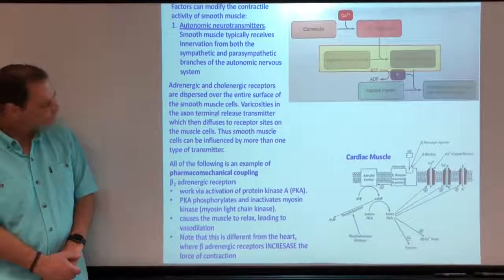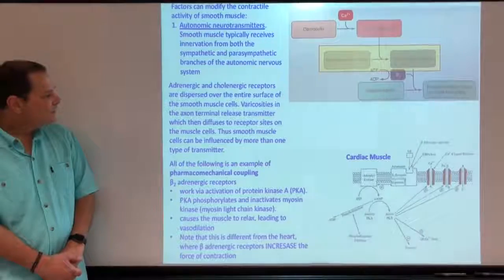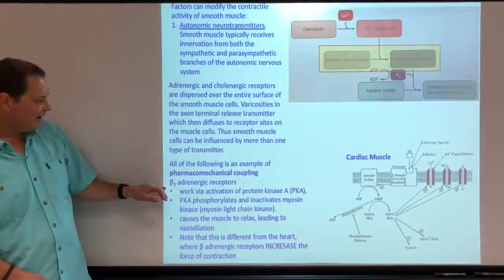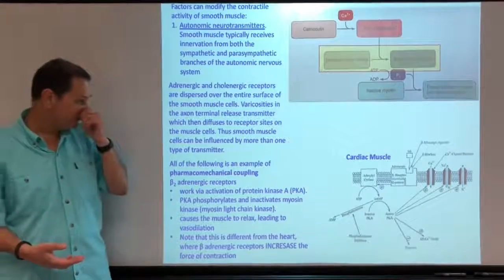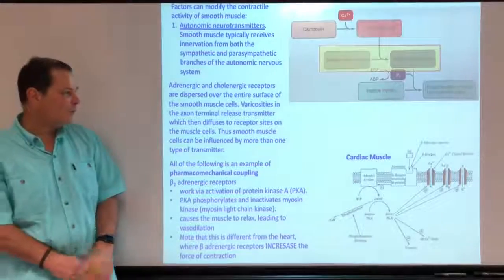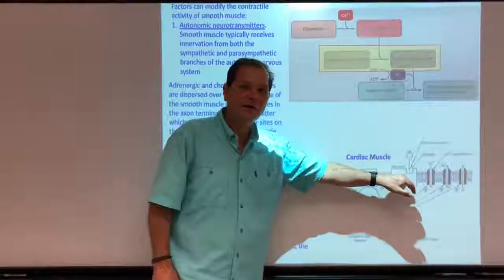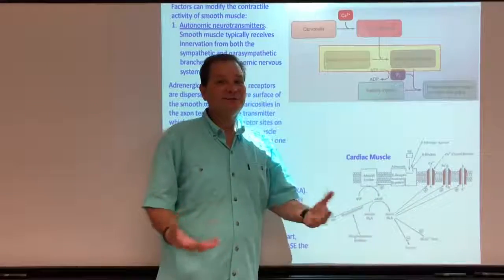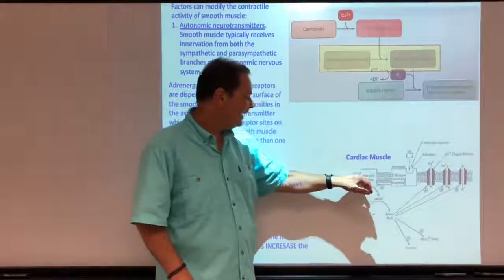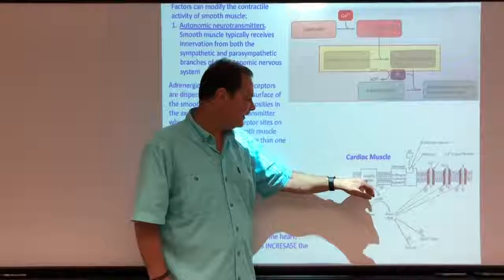So, one aspect of the autonomic nervous system activation is binding to beta-2 adrenergic receptors, okay? So beta-2 receptors are different from the beta-1 receptors that we saw in the heart, but they act the same way, okay? They act by activating adenylyl cyclase.